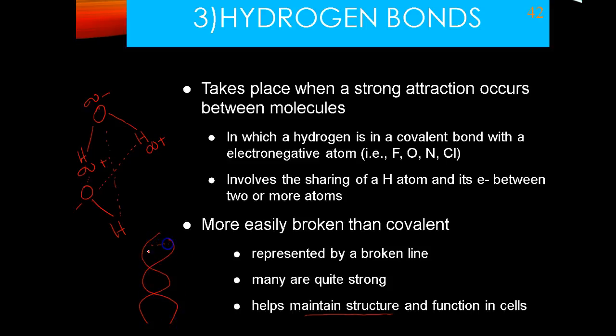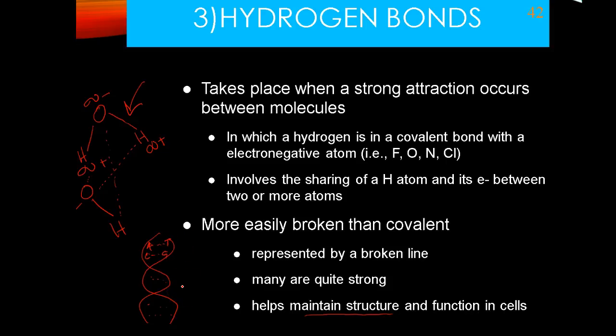Let's just say, for instance, we were looking at a double helix. What's holding that together are the hydrogen bonds occurring between the bases, so adenine paired to thymine, cytosine connected to guanine. Even though hydrogen bonds are weaker than a covalent bond, when we get many of them together, they become quite strong and help maintain structure.